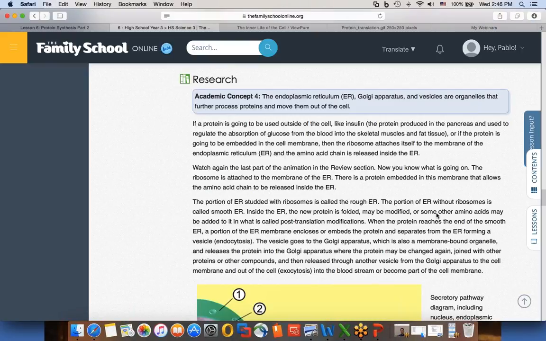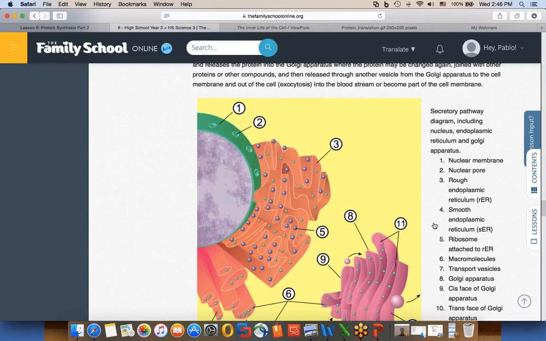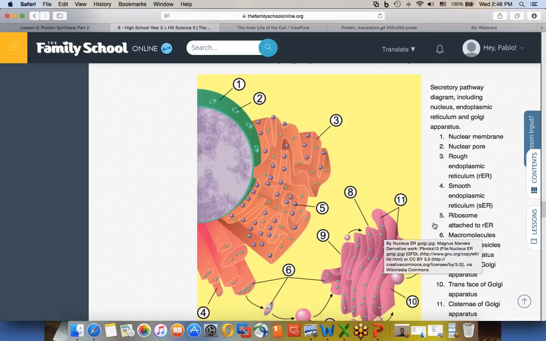Yes, thank you. Alright, so my academic concept is about the endoplasmic reticulum, the Golgi apparatus, and vesicles and how they help protein. I found it interesting how protein can be used inside and outside a cell.